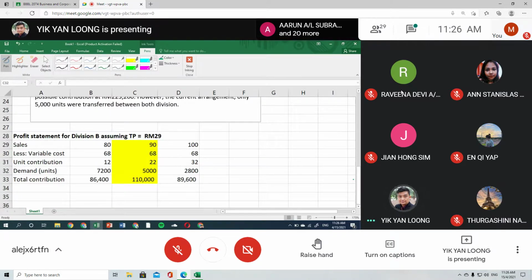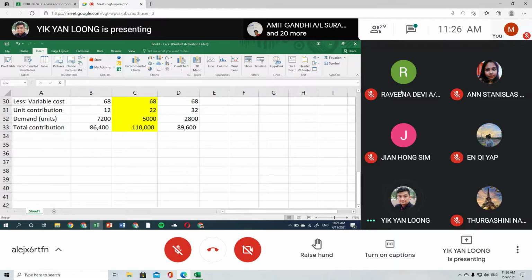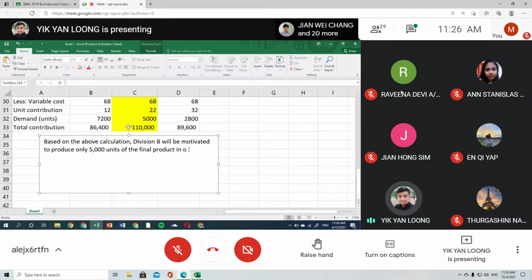Now your explanation, let me insert a text box again. Home, insert text box. All right, so based on the above calculation, division B will be motivated to produce only 5,000 units of the final product in order to maximize its divisional profit.